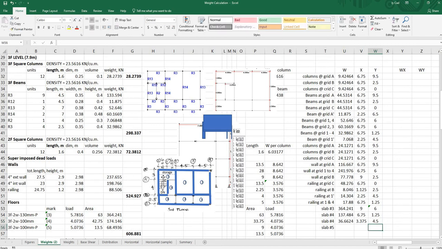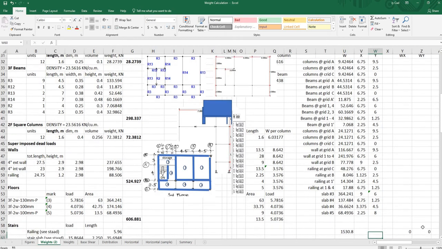And finally, we have slab number 5. The area is 3 times 4.5 multiplied by the area load, or floor load. The centroid is 2.25, in the middle. Then its y-coordinate would be 2.5 plus 4 plus half of 3 meters.